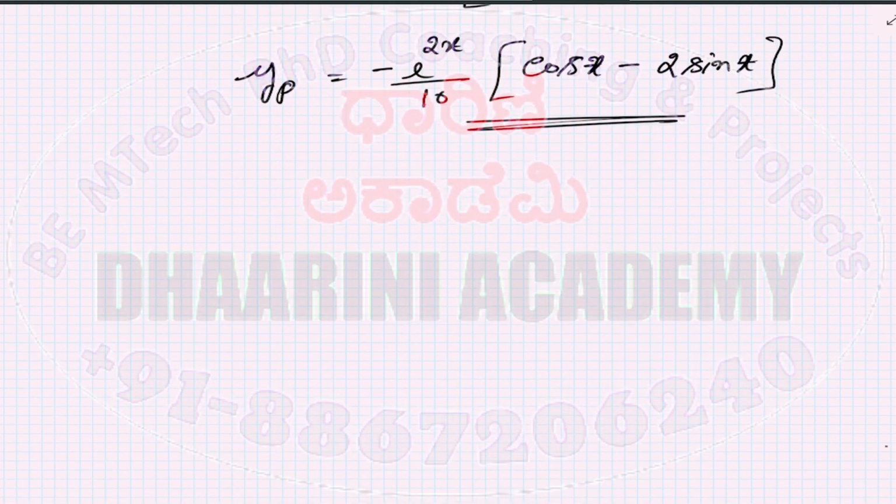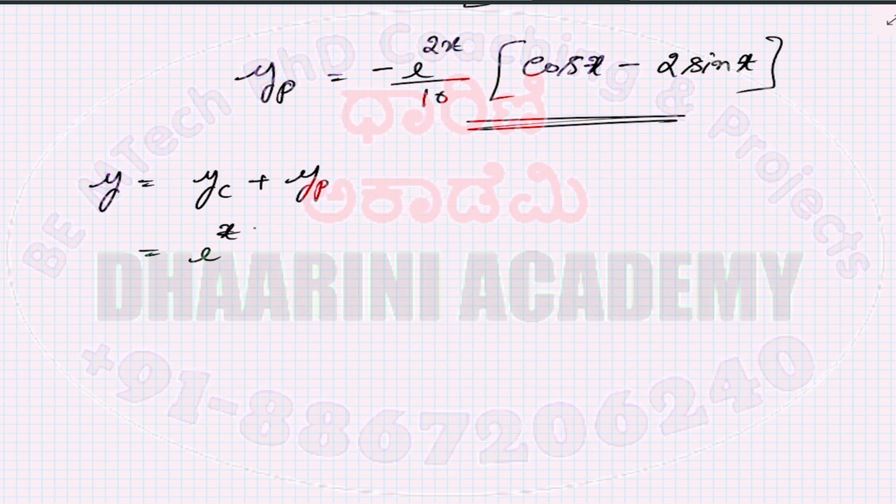So we know how to write the final answer now. So final answer can be directly obtained by writing y is equal to yc plus yp. So yc plus yp, yc already we know that is e to the power x into, this is c1 into cos 2x plus c2 into sin 2x.